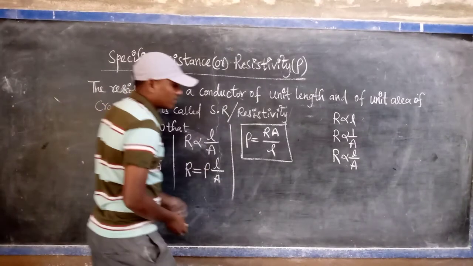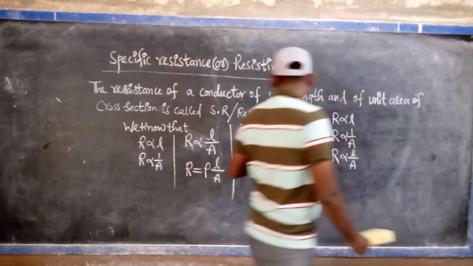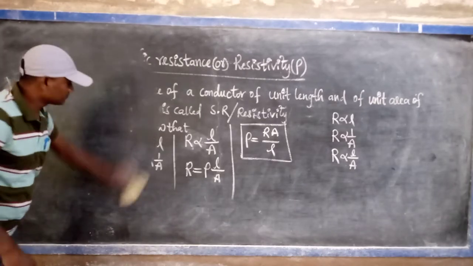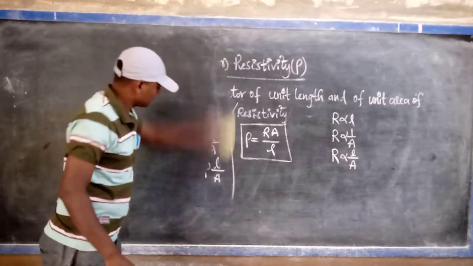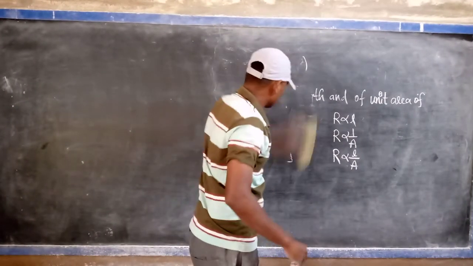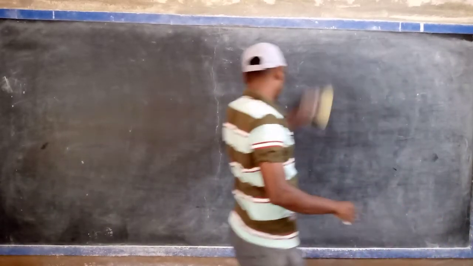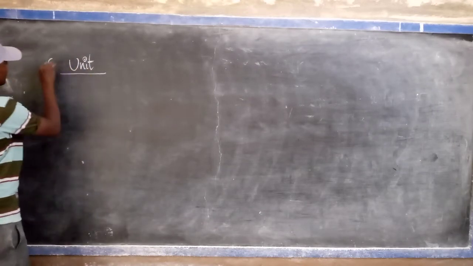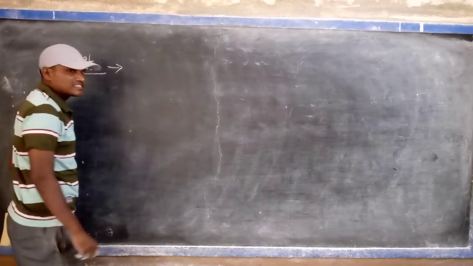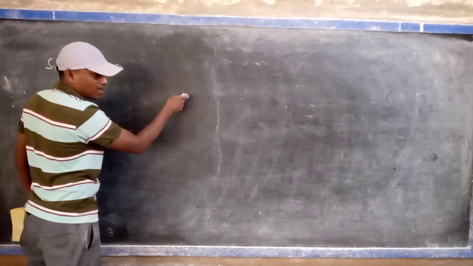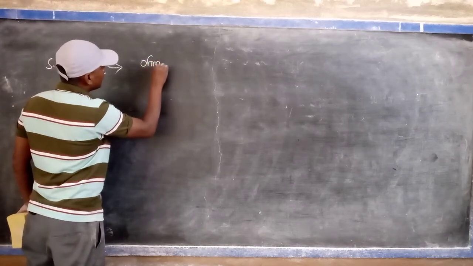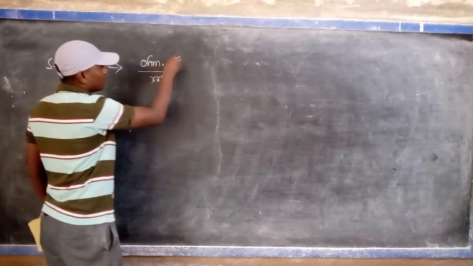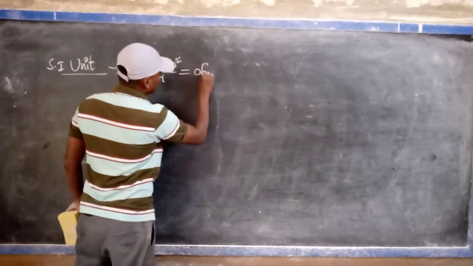This is the formula to find it: rho is equal to RA upon L. Now the SI unit of specific resistance or resistivity: R is in ohm, A is in meter square, L is in meter. One meter gets cancelled, so the unit is ohm meter.